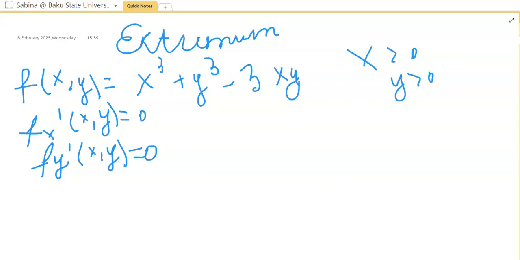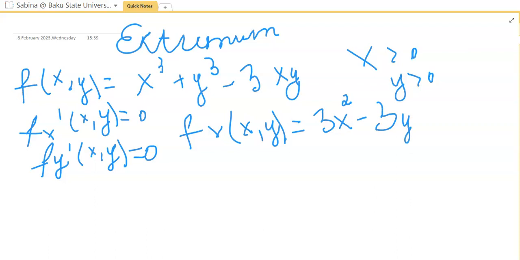Okay, let's find derivative of this function with respect to x. Then it will be derivative of x cubed with respect to x will be 3x squared, and derivative of y cubed with respect to x is 0, and derivative of negative 3xy with respect to x will be negative 3y.